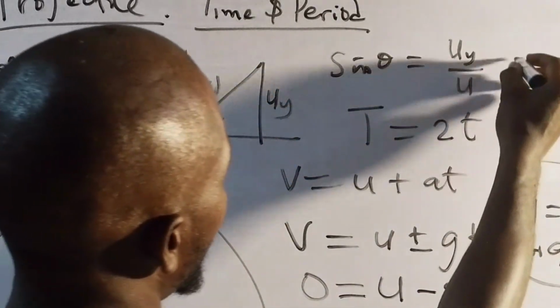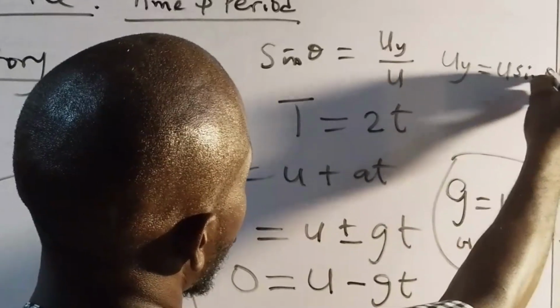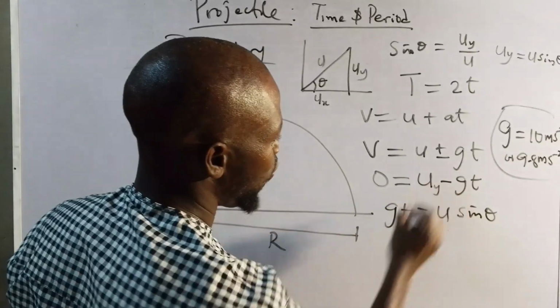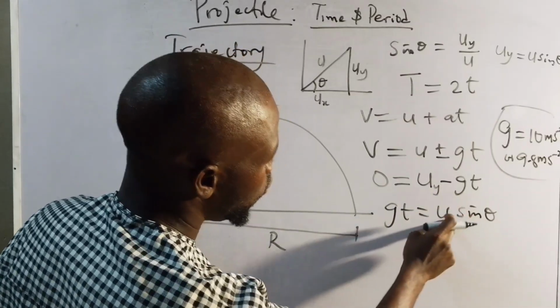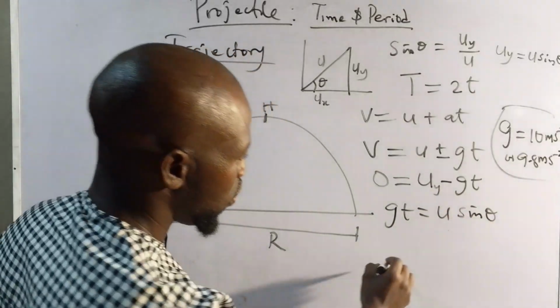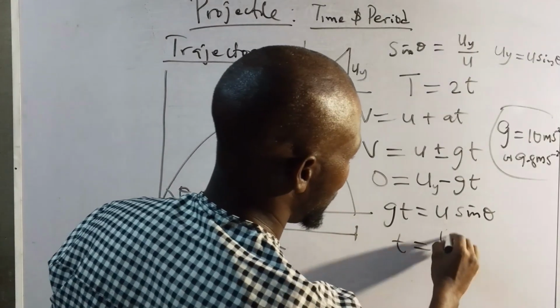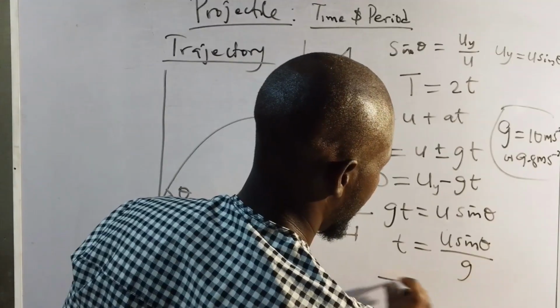So our uy is therefore u sine theta. Don't forget that. So uy is equal to u sine theta. So it means our time to reach maximum height is u sine theta over g.